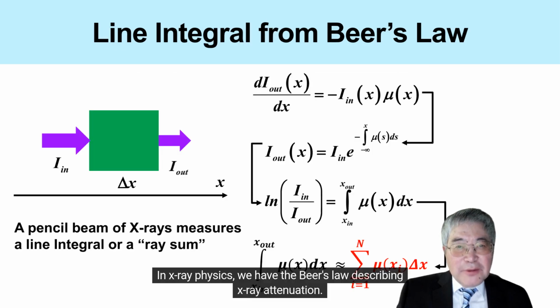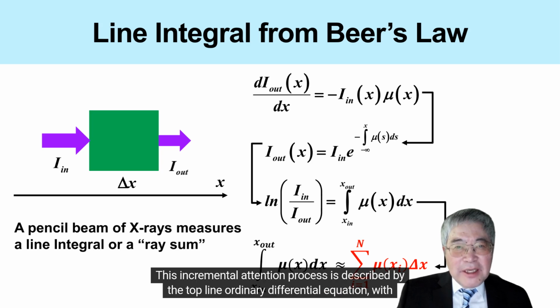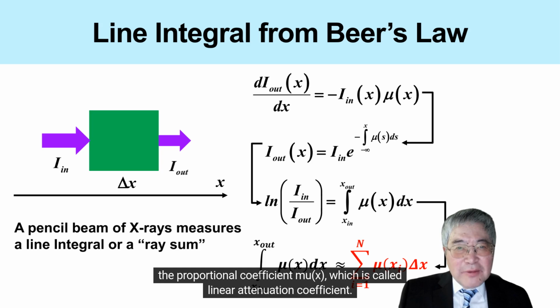In X-ray physics, we have Beer's law describing X-ray attenuation. Here you have an incoming X-ray beam with intensity I in. It gets attenuated by a piece of homogeneous material of thickness delta x. The beam intensity becomes I out after attenuation. This incremental attenuation process is described by the top-line ordinary differential equation with the proportional coefficient μx, which is called linear attenuation coefficient.